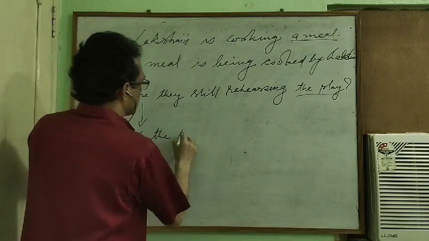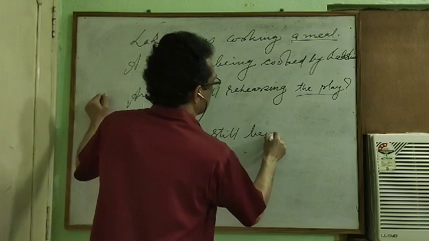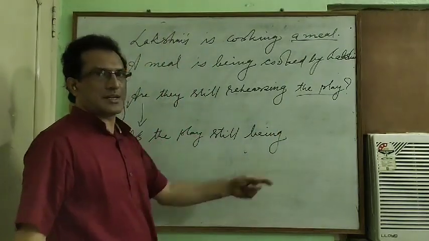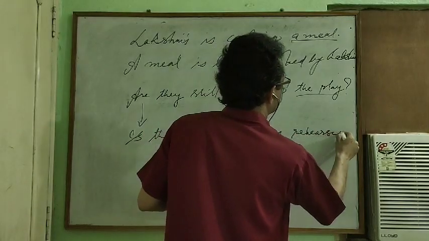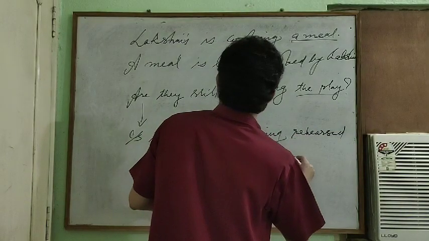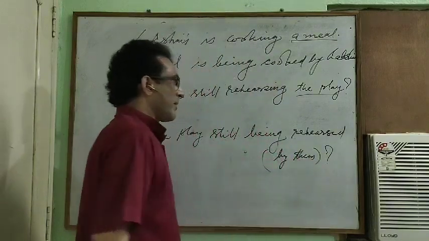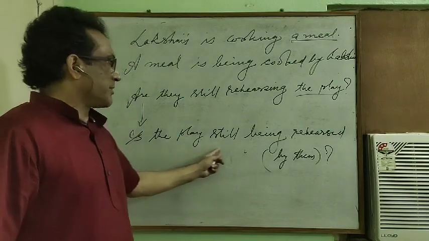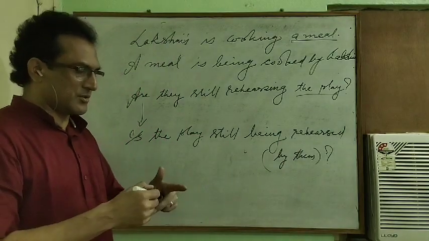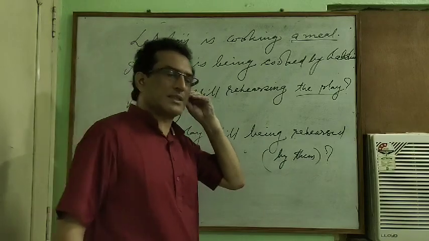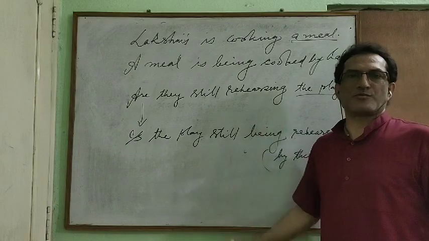Is the play still, form of be, continuous tense, being rehearsed by them? Is the play still being rehearsed by them? Often it's understood who is concerned with rehearsing. So this is what the forms of be are.